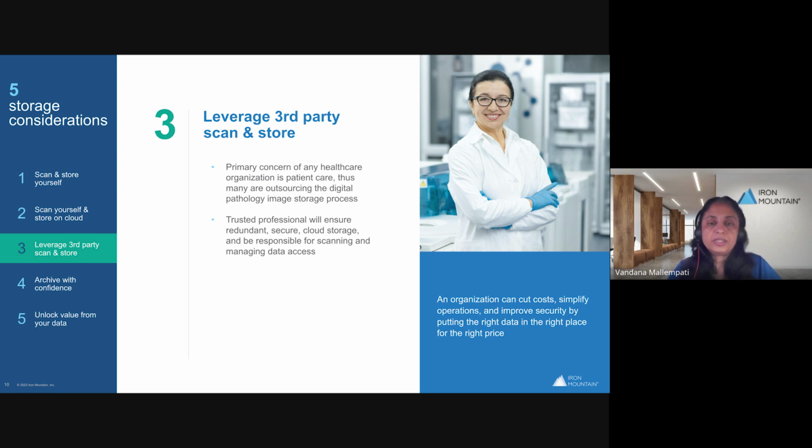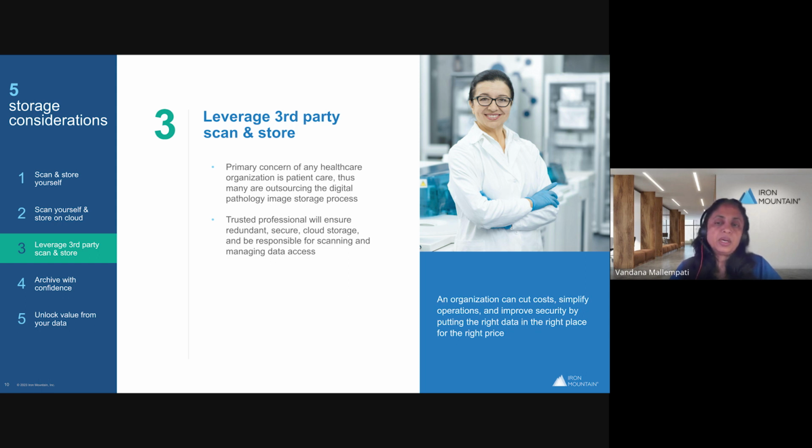The cloud storage service provider collects the pathology slides and moves them to a secure, temperature controlled offsite storage facility. The provider will access and scan specific slide sets at the organization's request, minimizing transport and maximizing security. The slides are returned to storage after scanning.